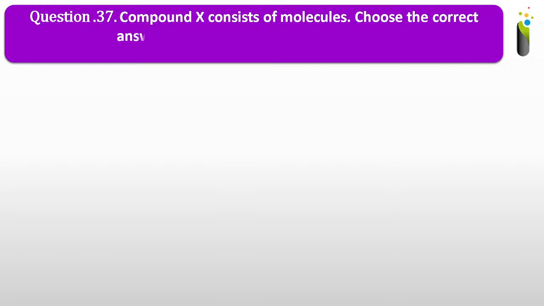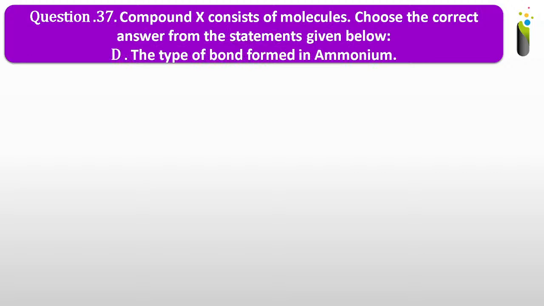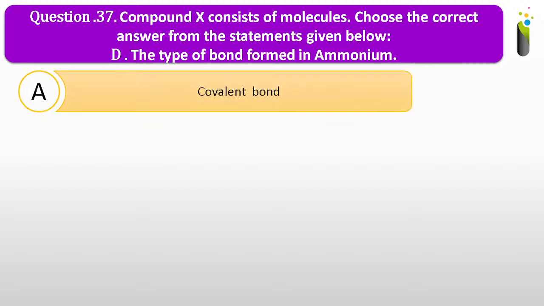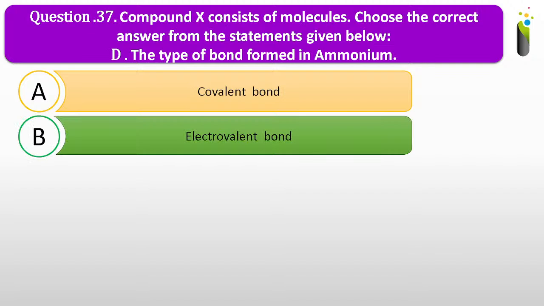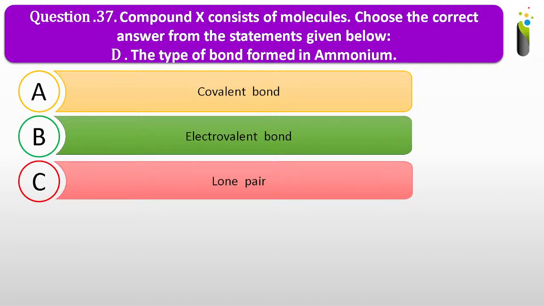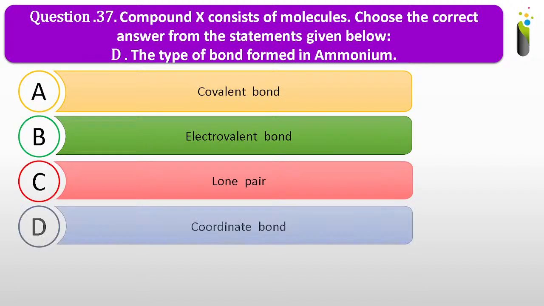Question number 37. Compound X consists of molecules. Choose the correct answer from the statements given below. And the sub-question D is, the type of bond formed in ammonium is dash. A, covalent bond. B, electrovalent bond. C, lone pair. D, coordinate bond.